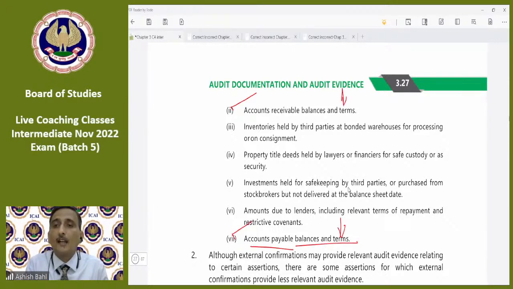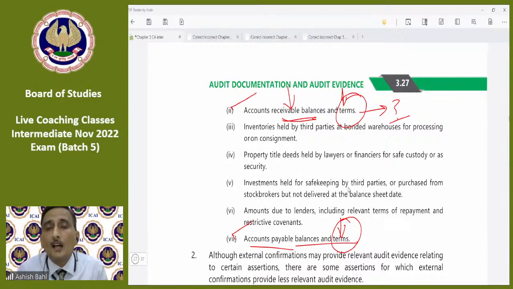And terms also, guys, this is also important. He not only confirms balances by way of external confirmation, but he can also confirm terms. What are your terms? The basis on which the goods are being sold by that company to the third party.